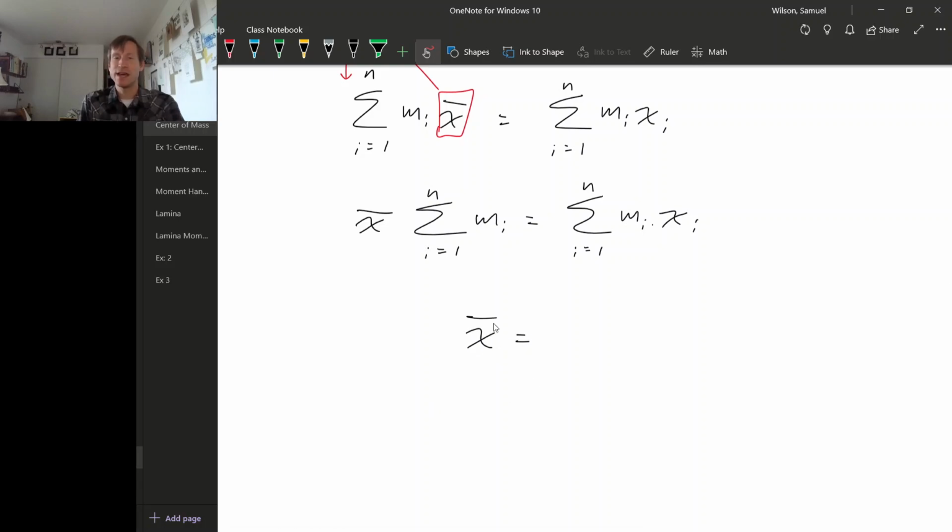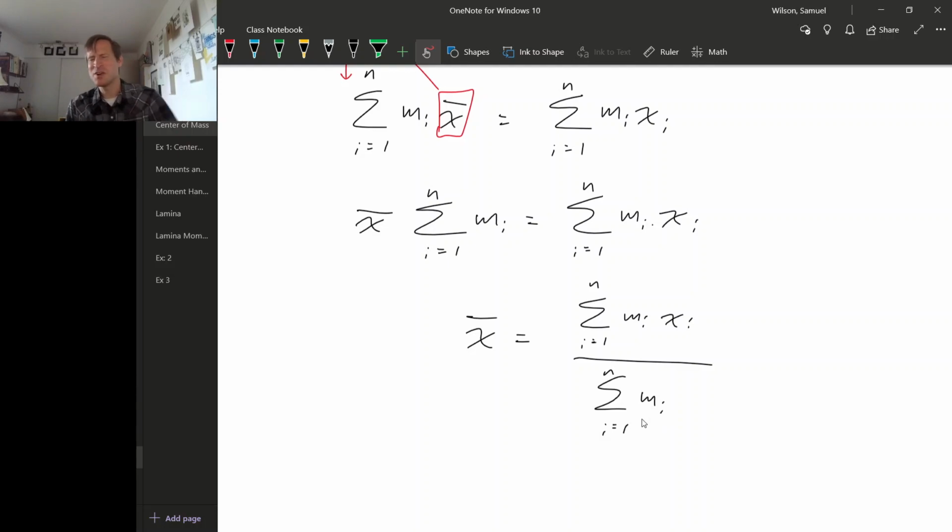So x bar, the x-coordinate of the center of mass, is the sum from I equals 1 to n of m sub I, x sub I, divided by the sum from I equals 1 to n of m sub I.